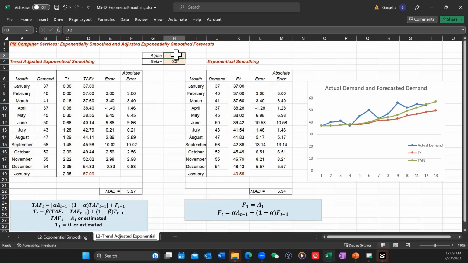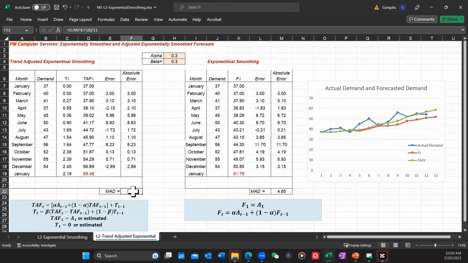And that's the beauty of adding the two values here. So, for example, we change it to 0.3. And we can see that the value of the MAD in these two approaches changes as well. Again, the trend-adjusted exponential smoothing can perform better than the simple exponential smoothing.